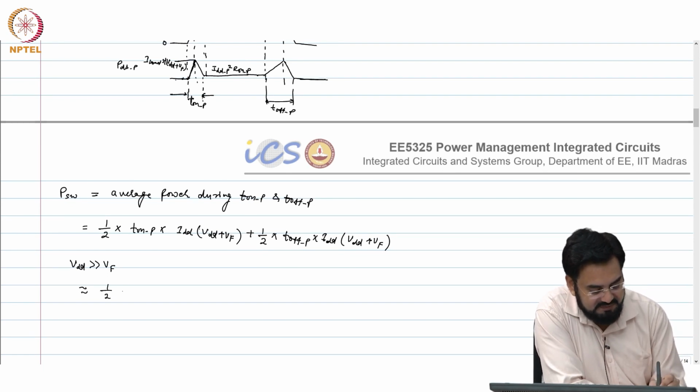They do not consider that VF factor. But if your VDD is small, then you have to take that into account.